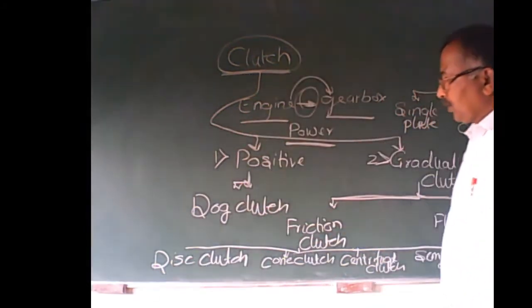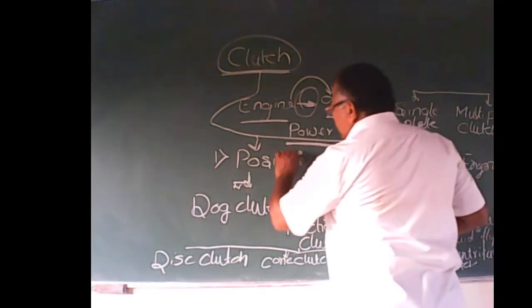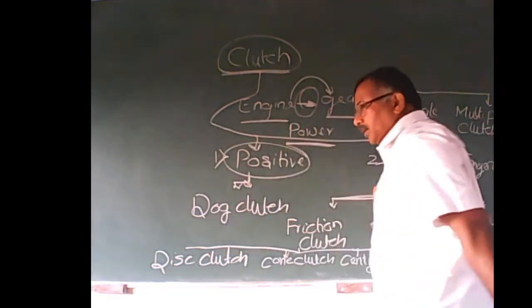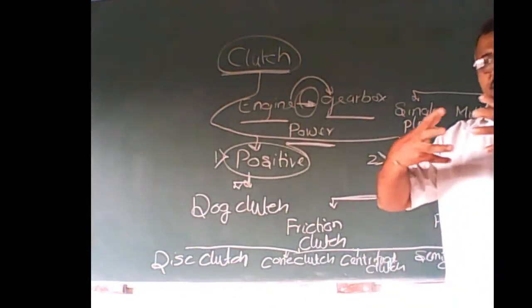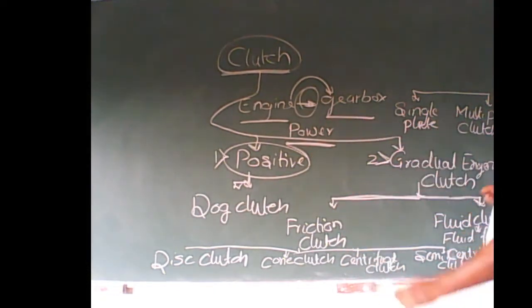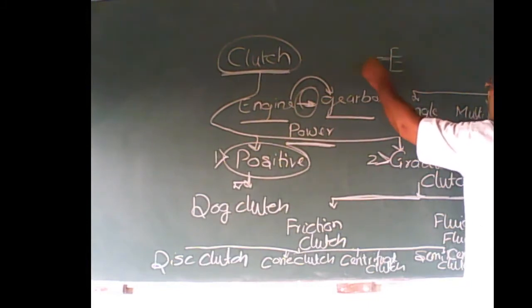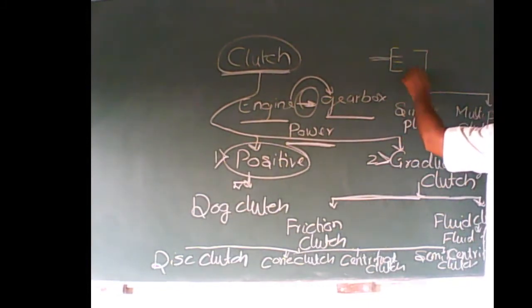These are the types or classification of clutches. Positive clutch: here, positive engagement takes place. We are having two wheels with dog teeth, male and female.